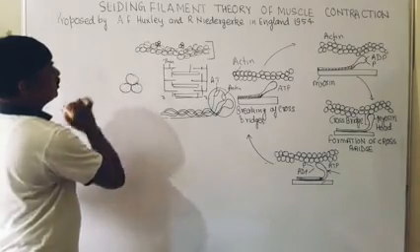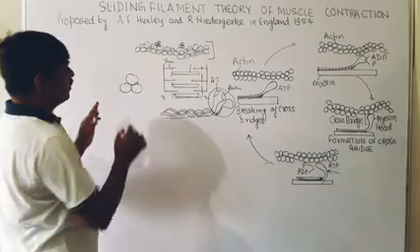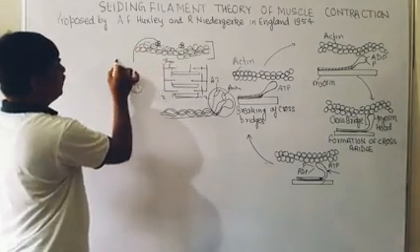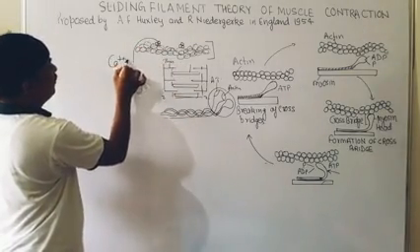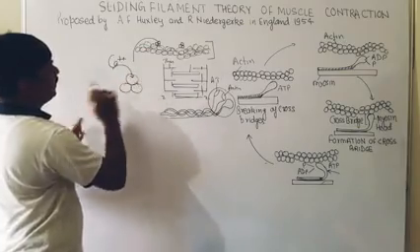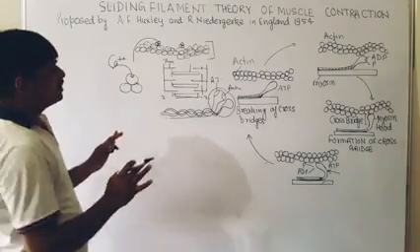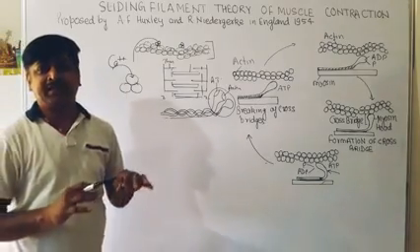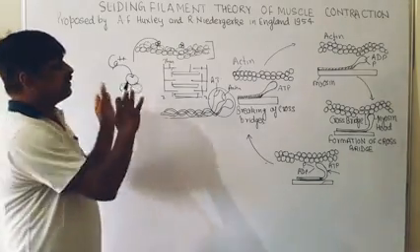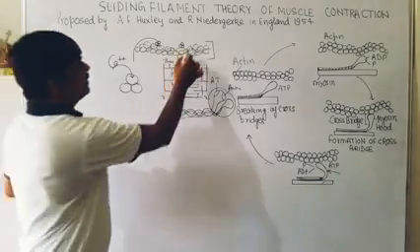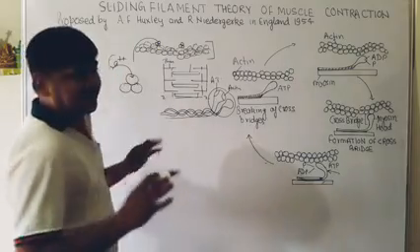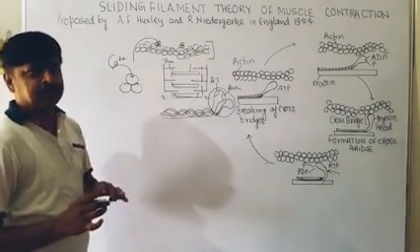So this is the troponin, troponin protein. Now calcium ions bind to the troponin, clear, and some configurational changes take place in this entire actin filament, clear student.